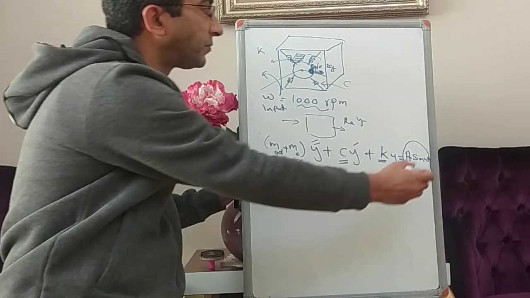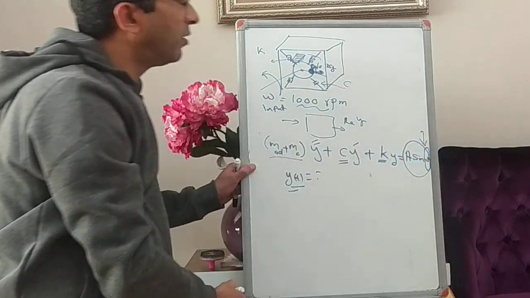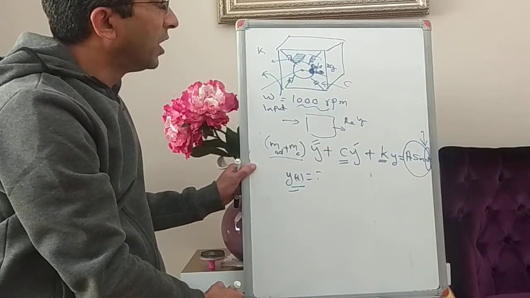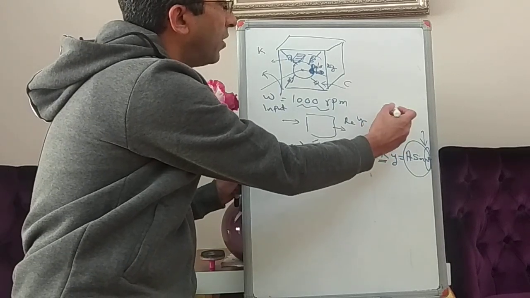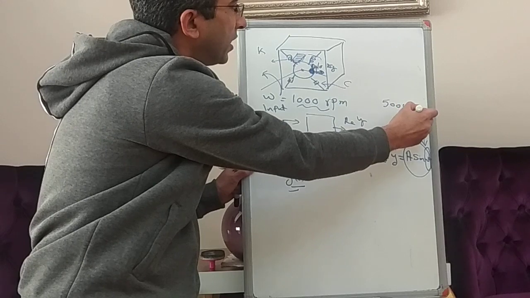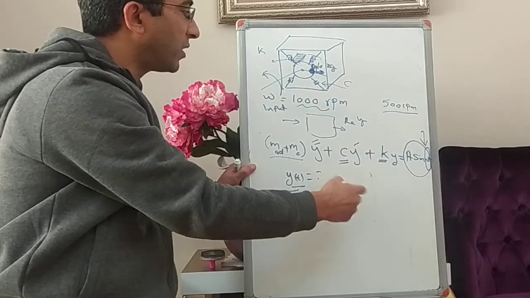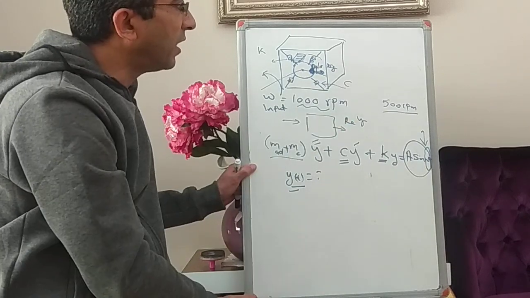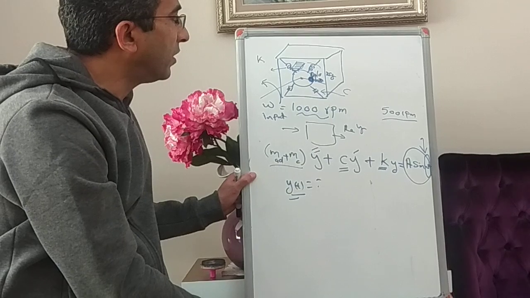Again, the omega, or the angular frequency of the engine, is also important. If you have a very low engine speed, for example 500 RPM, you will find that your vibration is too high and it is too noisy, maybe 10 centimeters or more.